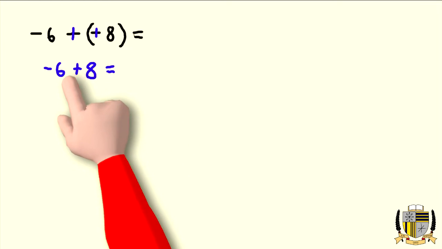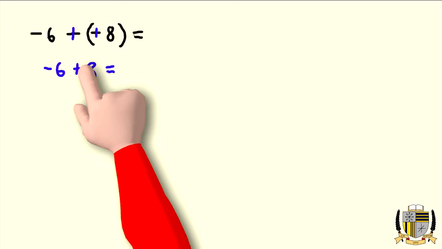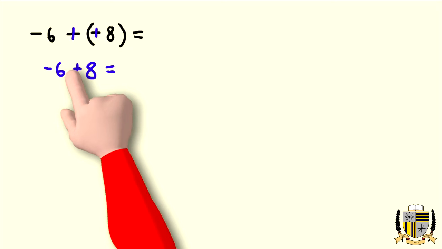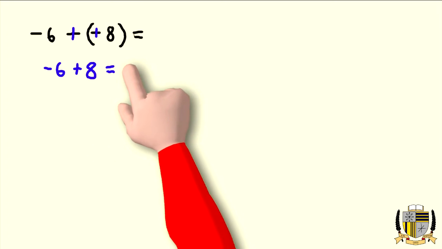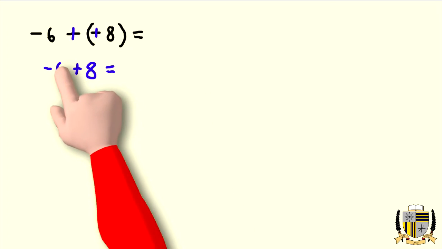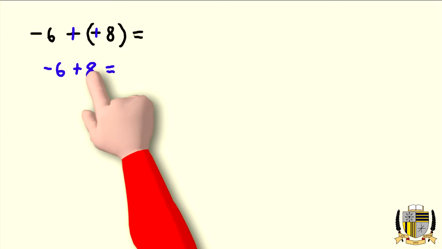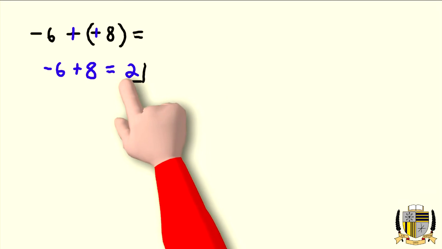And now we use the addition rules, the addition of opposite signs. I already know this 8 is going to determine that I'm going to have a positive, because the 8 is larger than the 6. So the difference between 8 and 6 is 2. That is our answer.